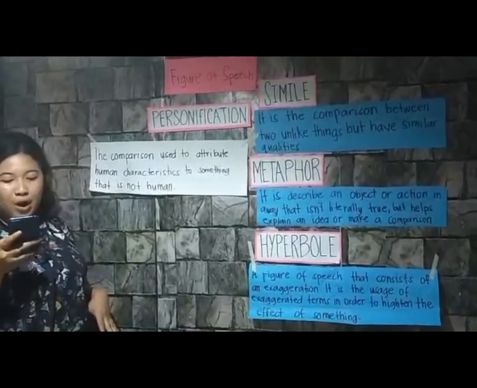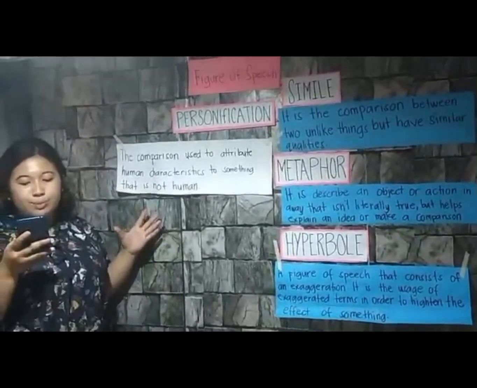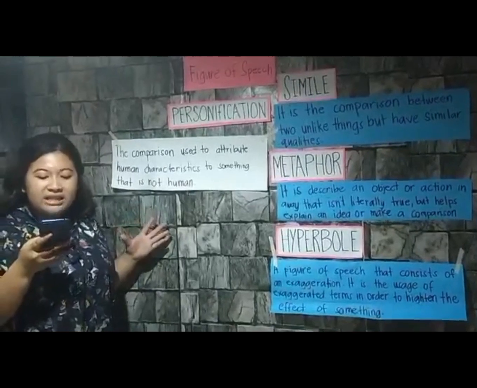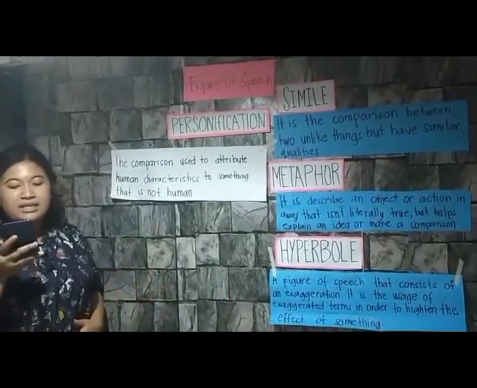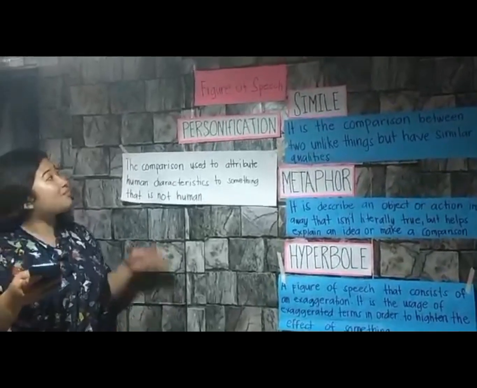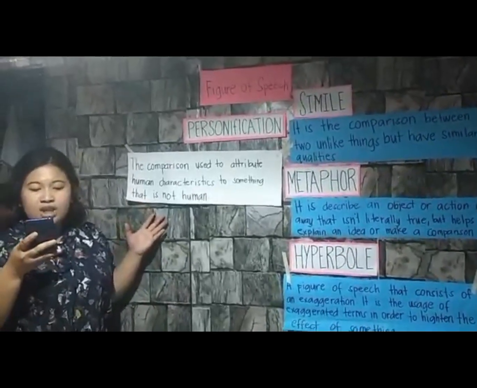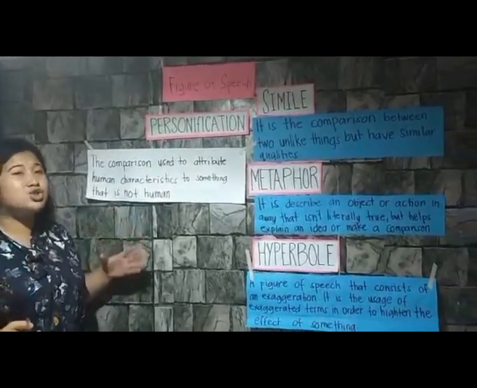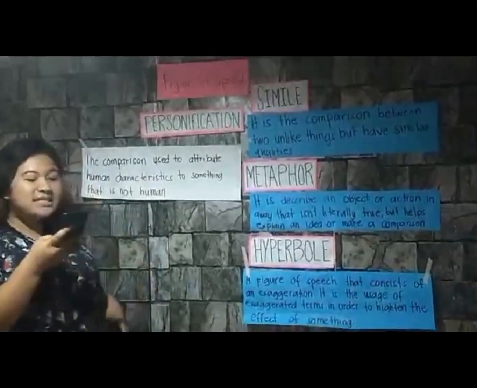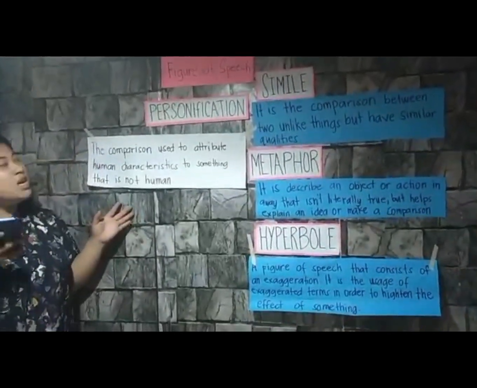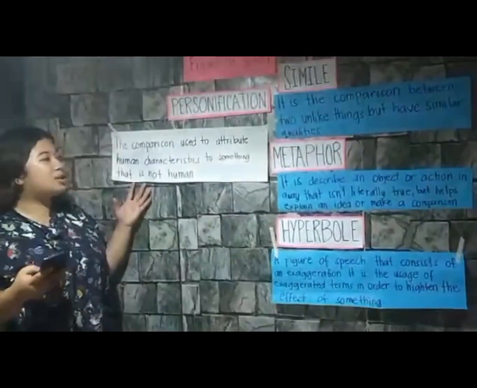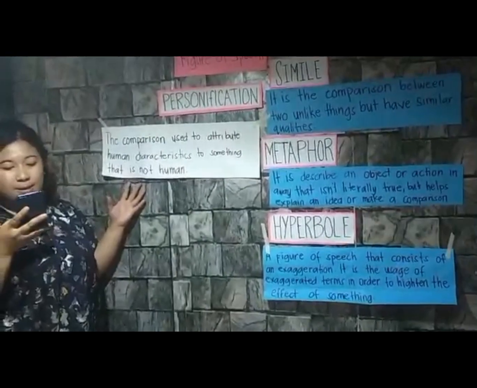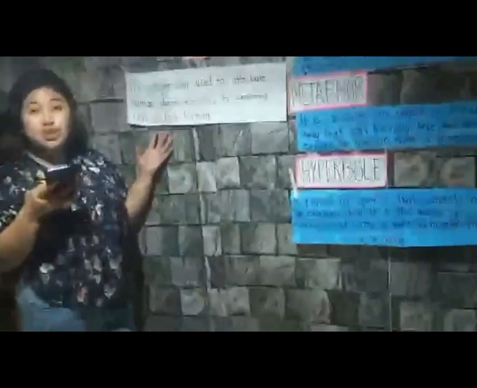For examples, often used in praise like the howling wind, dancing leaves, and time flies. So the example of personification is, the opportunity knocks at his door. So he used knock to give some meaning to the word opportunity.